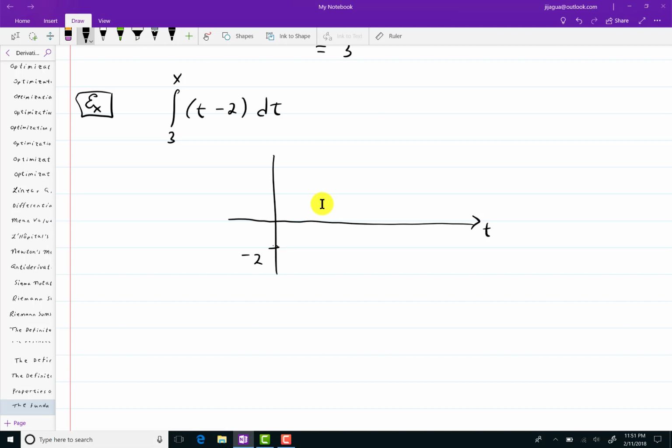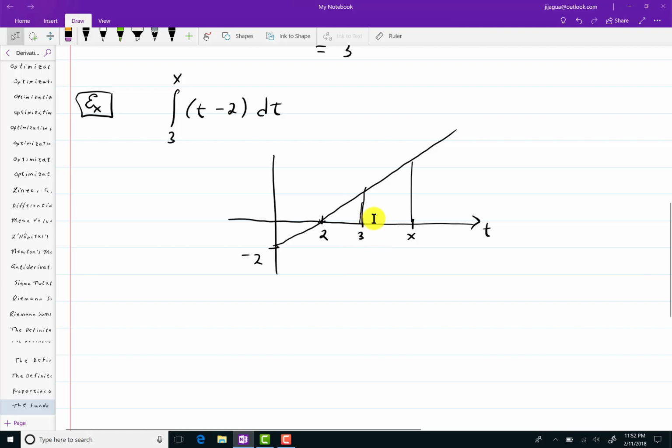This has an x-intercept of 2 and keeps on going. We are interested in 3 to x, so let me put a 3 here and then an x here, and I'll make the requirement here that I'm going from the interval from 3 to x. x, of course, is going to be positive, bigger than 3 as we need.